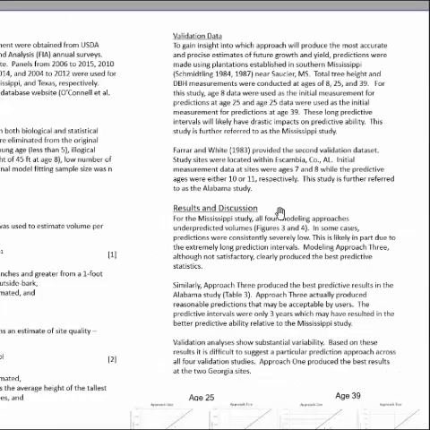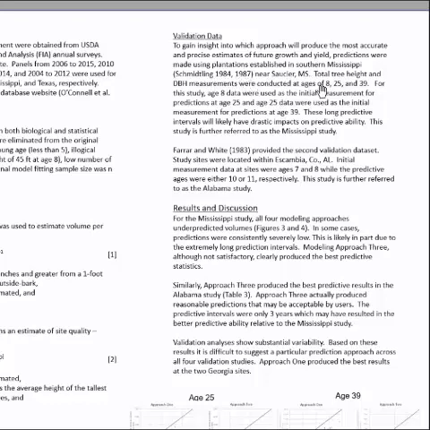So after model fitting, validation was conducted using 4 independent, published data sets, to gain insight into which approach would produce the most accurate and precise estimates. So one is from southern Mississippi, Schmidtling, 1984 and 87.